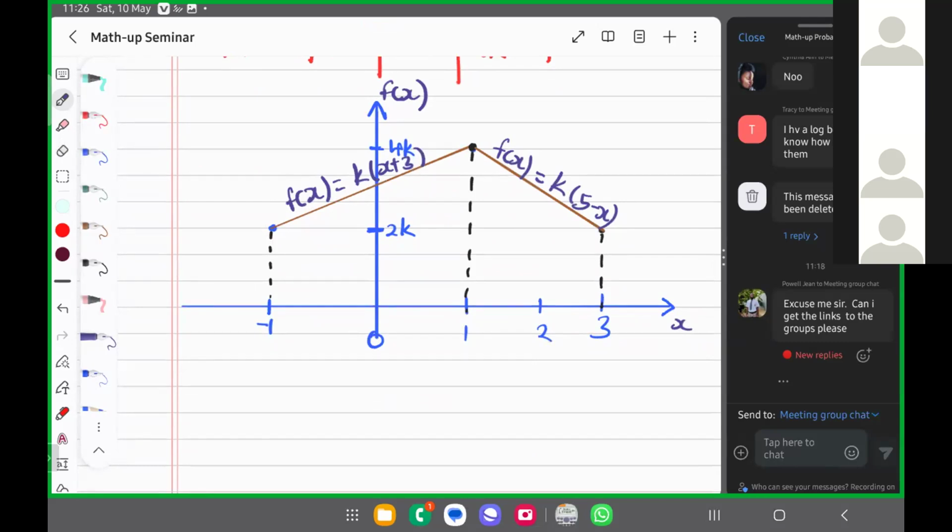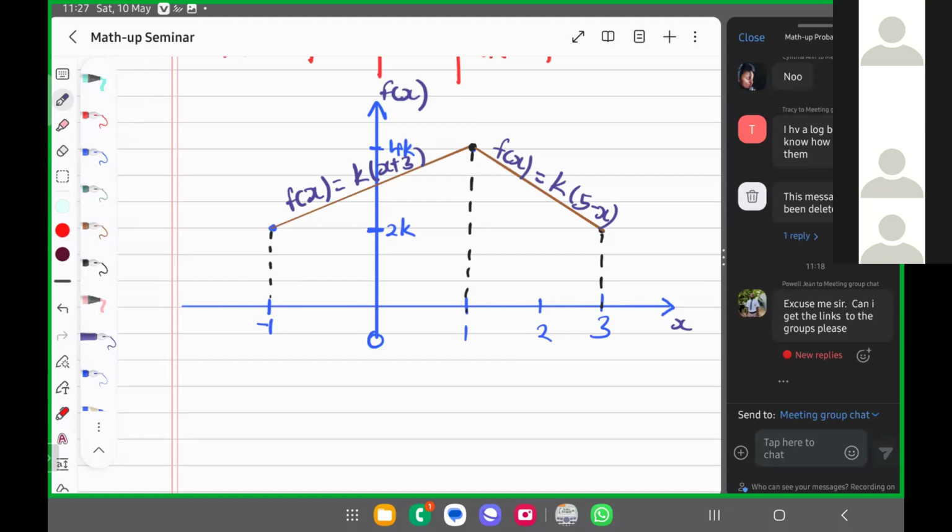So if I sum up the areas of the shapes under that graph, I'll get a total of 1. So I can calculate their areas, add them up, and equate them to 1. That way, I'll be able to get the value of k.